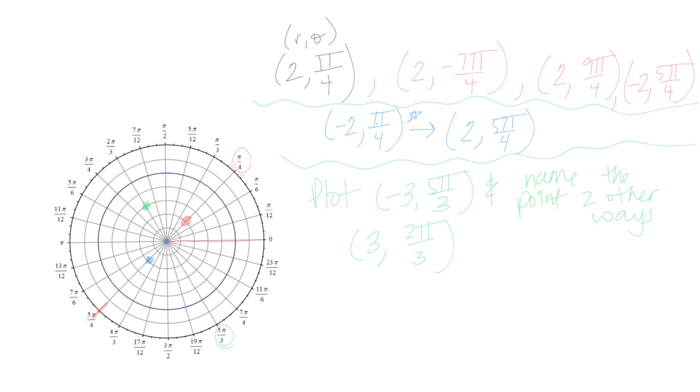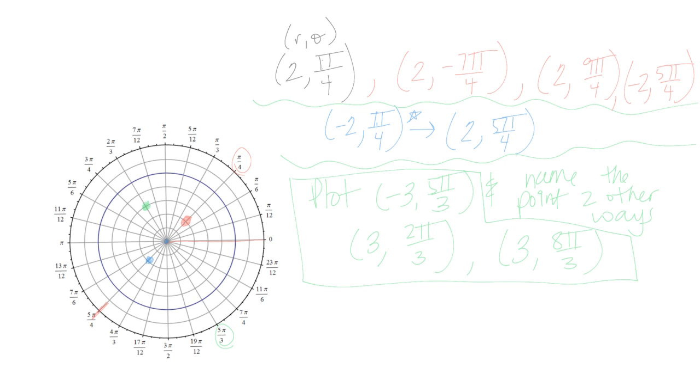Coterminal with that, I would have to add 2 pi, which is the same as adding 6 pi over 3. So when I add 6 pi over 3 to 2 pi over 3, I get 8 pi over 3. So that's an equivalent point as well. All three of these would give you the same point.